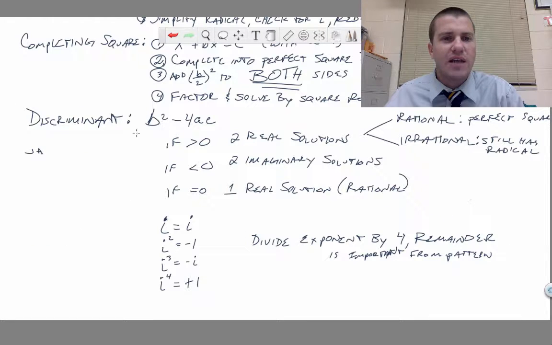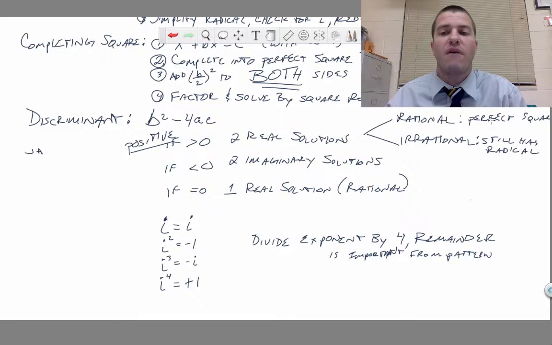And the last couple things, the discriminant is just the part of the quadratic formula b squared minus 4ac. If that number, once it's simplified, is positive or greater than 0, there's 2 real solutions. If that number is a perfect square, then the 2 real solutions are rational. If there's still a radical when it's simplified, then that number is irrational.